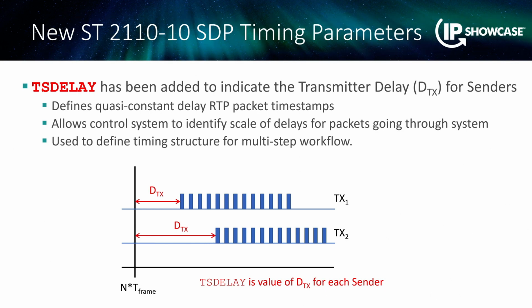What this TSDELAY parameter allows you to do is specify exactly when that first packet is going to be emitted, okay? And believe it or not, there's actually an upper and lower bound when you go through -21. So what that allows a receiver to do is to know when packets are going to arrive and do things like make alignment happen, manage their buffers better, and things like that.